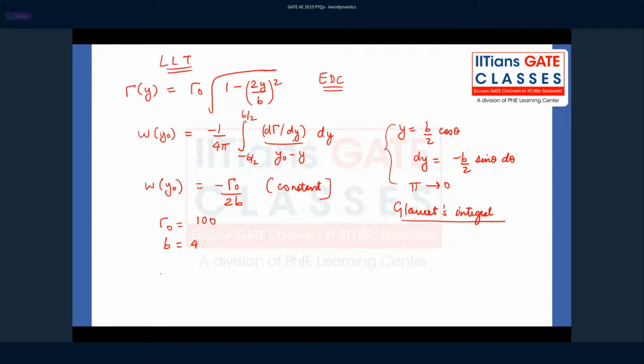So you can find your alpha I. Alpha I is minus downwash by V infinity, which is nothing but gamma naught by 2b V infinity, which is 100 by 2 into 4 into V infinity, given to you as 100. So it is 1 by 8, which is nothing but 0.125 radians.